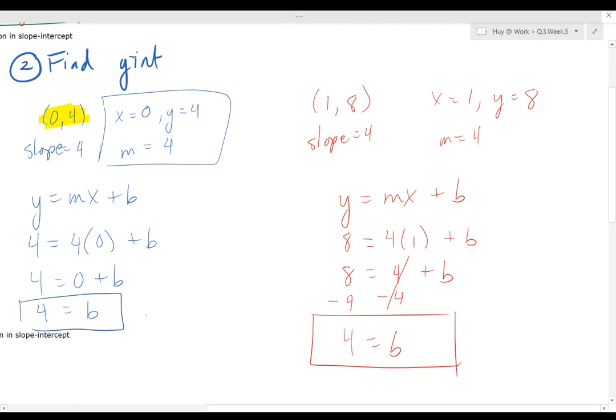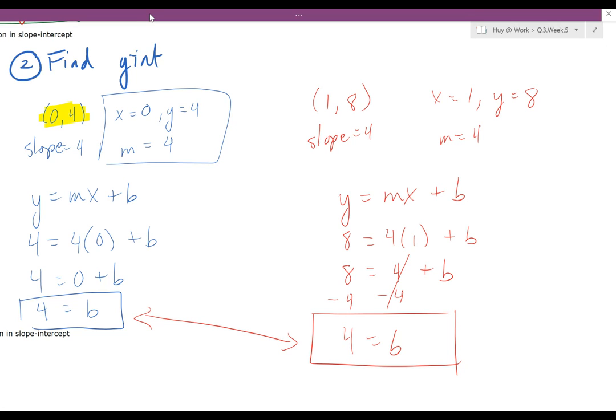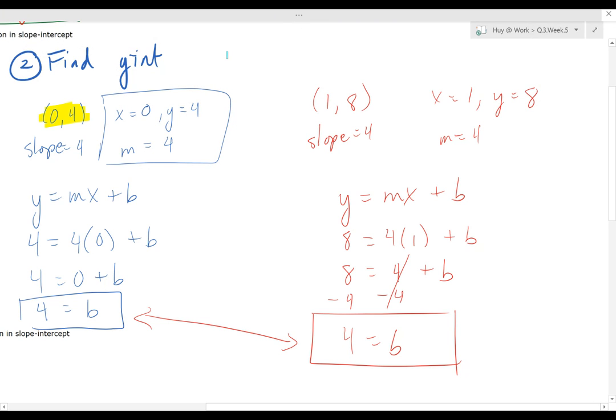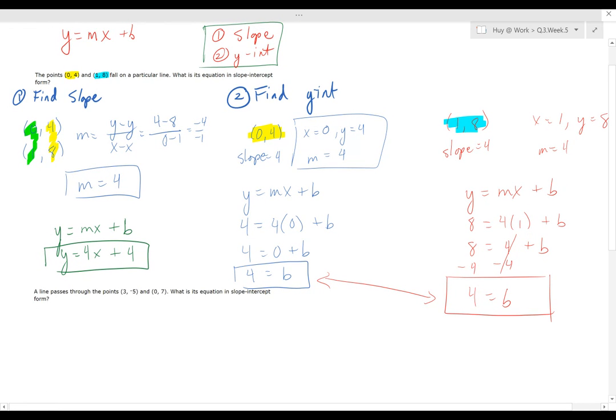If I use any point on this line, because it is on the same line, it's going to have the exact same y-intercept. So you have the freedom to choose which point you use. I'm only going to do that for this very first example, because from now on, I'm just going to use a point to solve for the y-intercept.